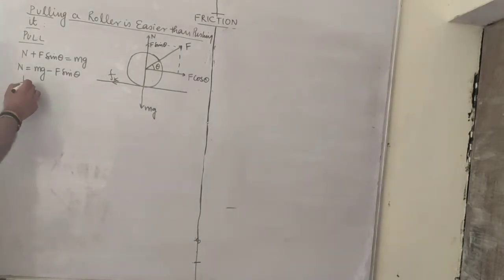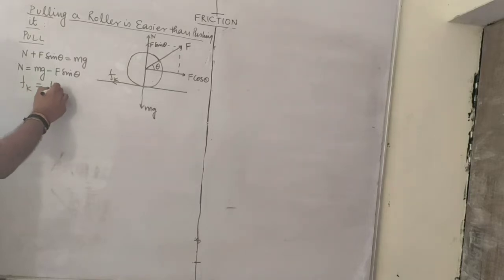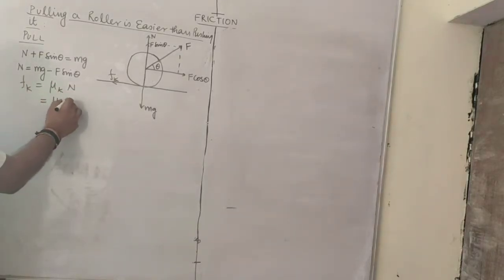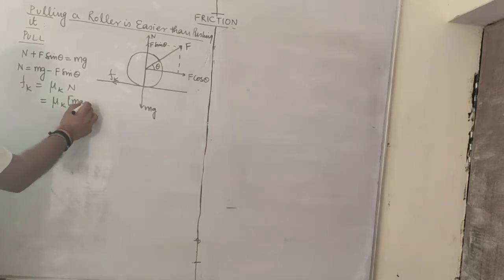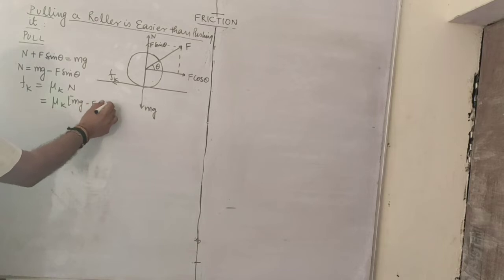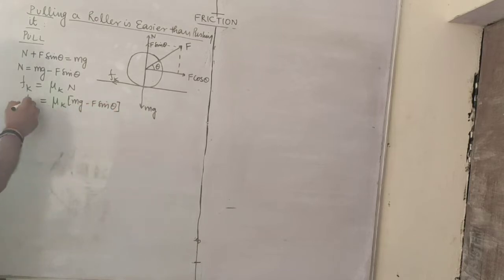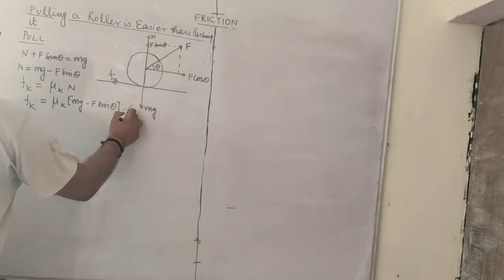Now force of friction, you all know. So force of friction becomes mu k times (mg minus F sin theta). This is the force of kinetic friction. This is in case of pulling.